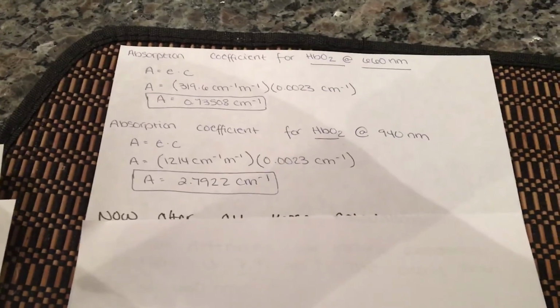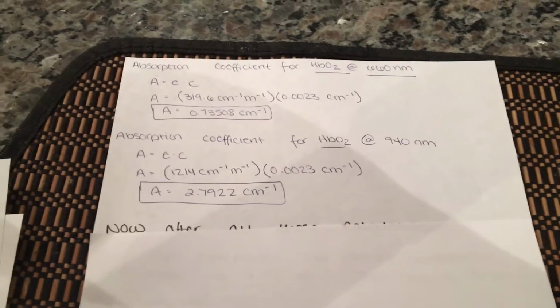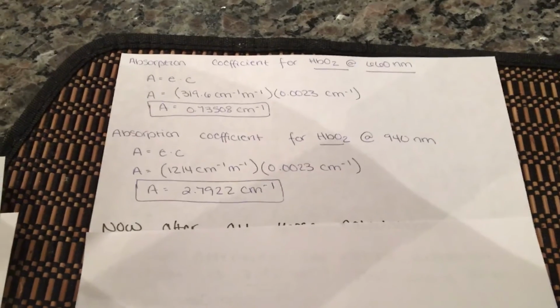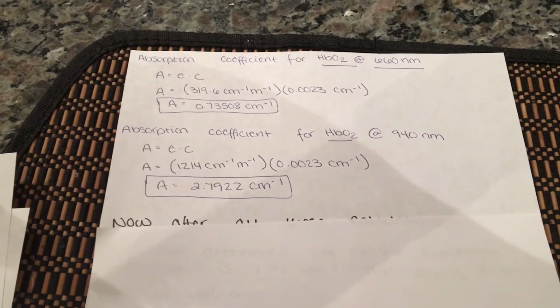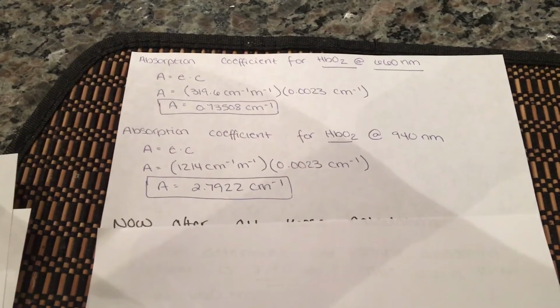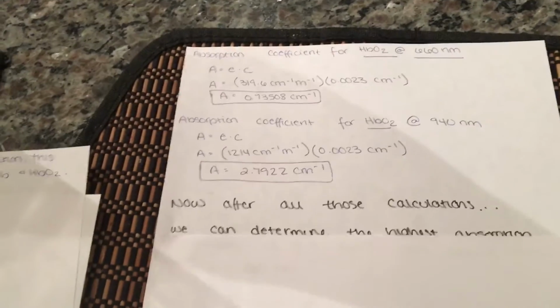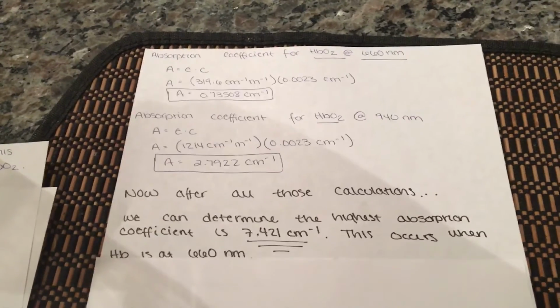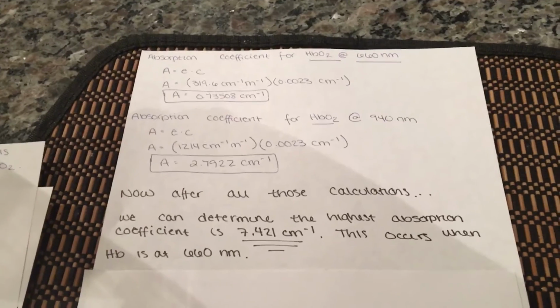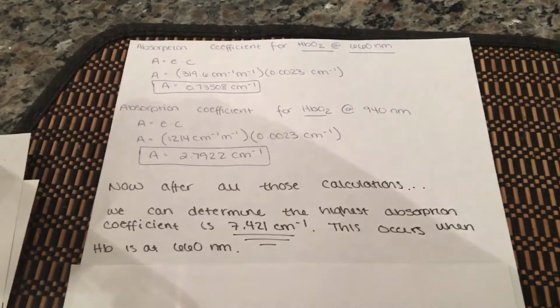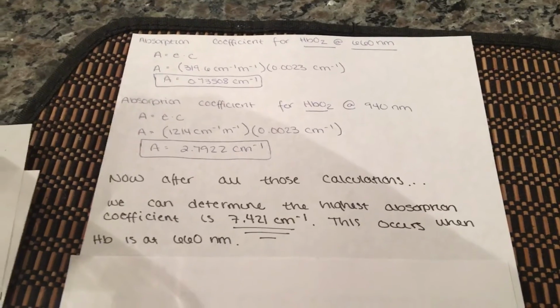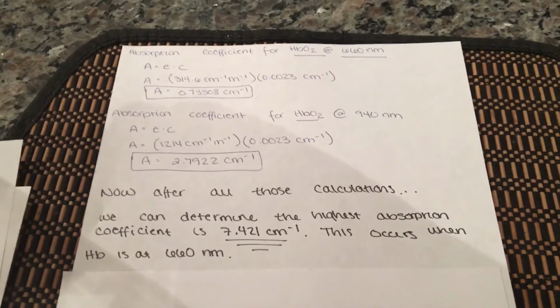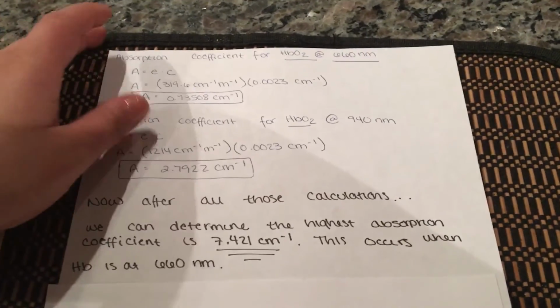I also did it for oxygenated hemoglobin at 940 nanometers using the same equation, and got 2.7922 centimeters. So after all these calculations, we can determine the highest absorption coefficient is 7.421 centimeters. This occurs when hemoglobin is at 660 nanometers, and this was the first calculation we did together.